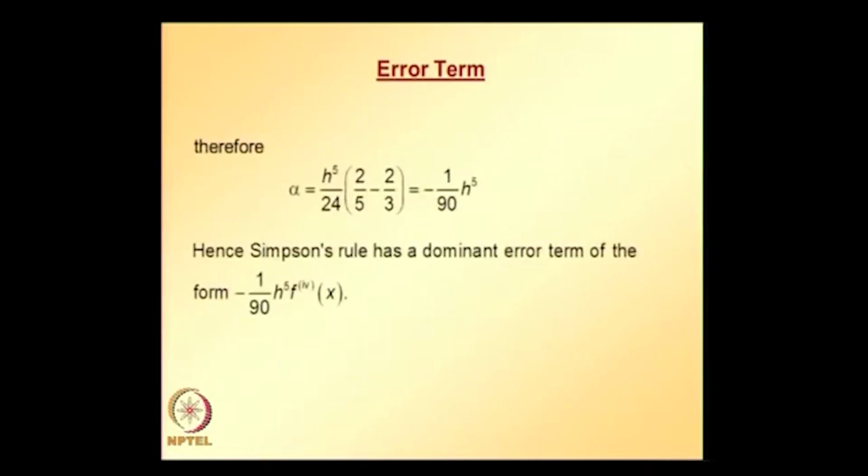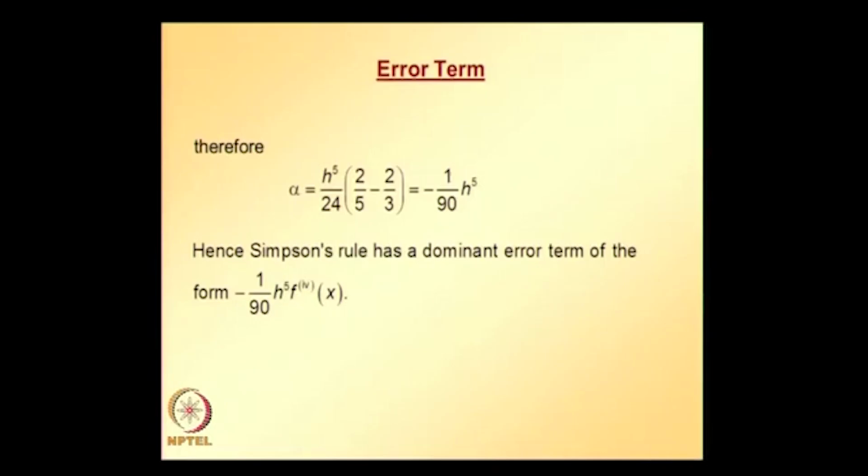So the dominant error term associated with Simpson's rule is minus 1 over 90 h power 5 times the fourth derivative of the function. So this is how we can find the dominant error term associated with any of these Newton Cotes rules.